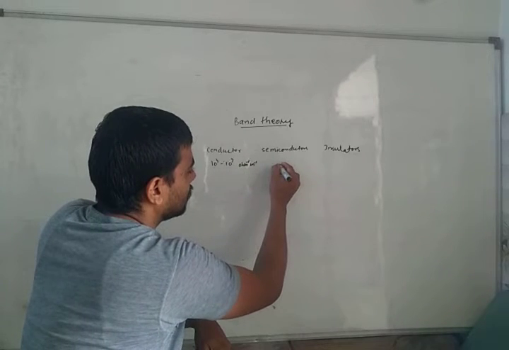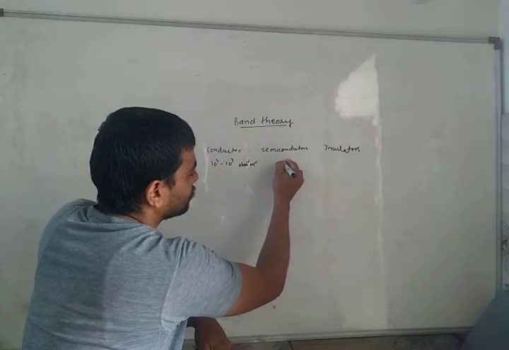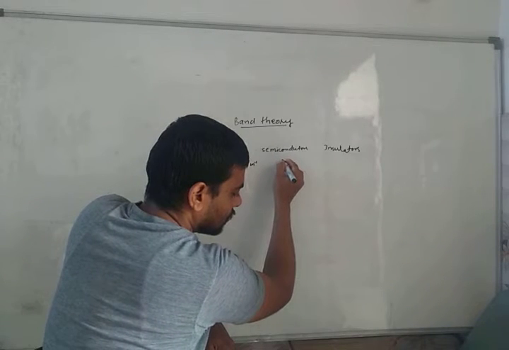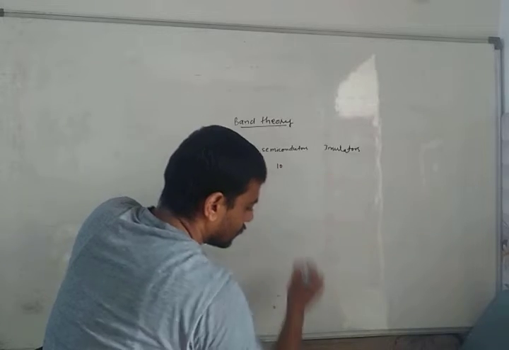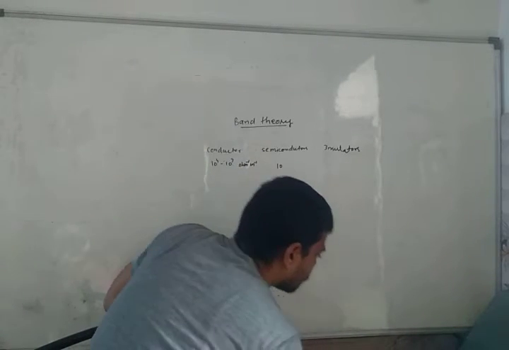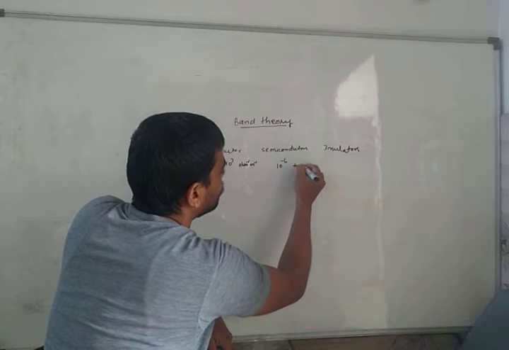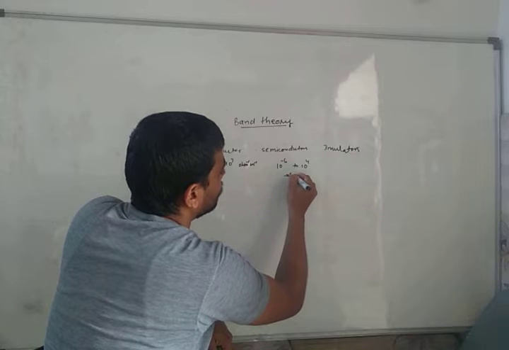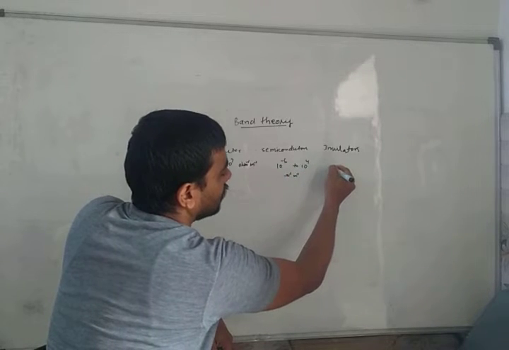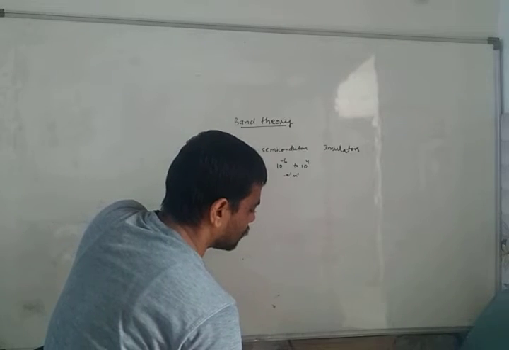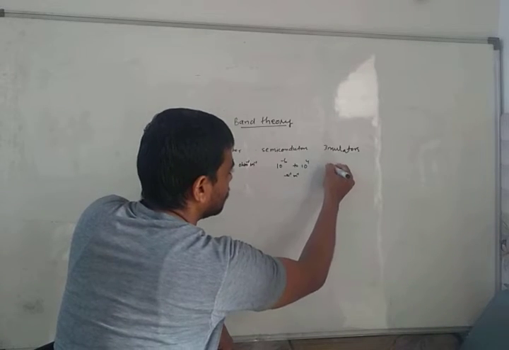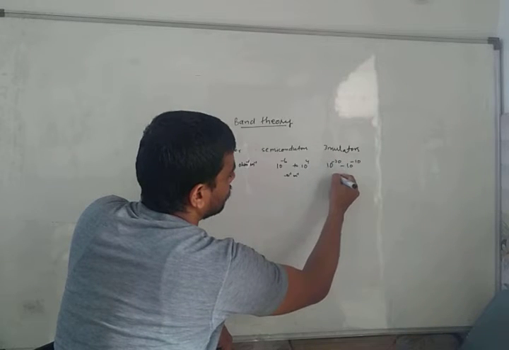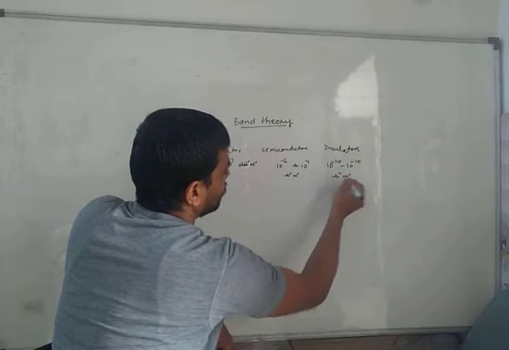For semiconductors, its value is 10 raised to the power -6 to 10 raised to the power 4 ohm inverse meter inverse, and for insulators the conductivity range is 10 raised to the power -20 to 10 to the power -10 ohm inverse meter inverse.